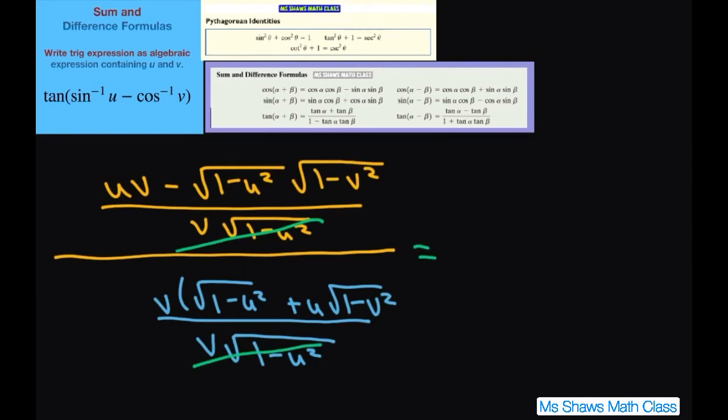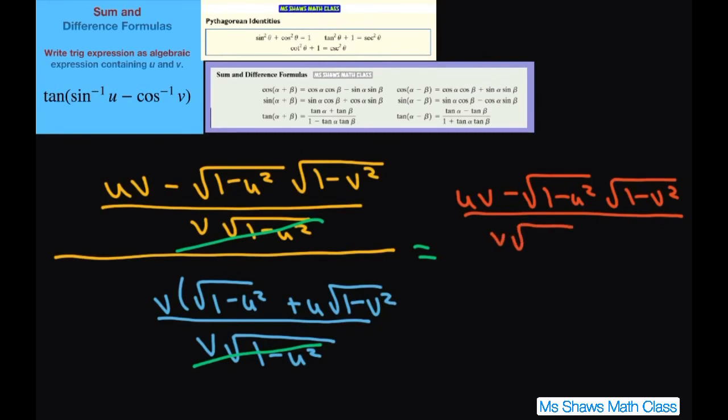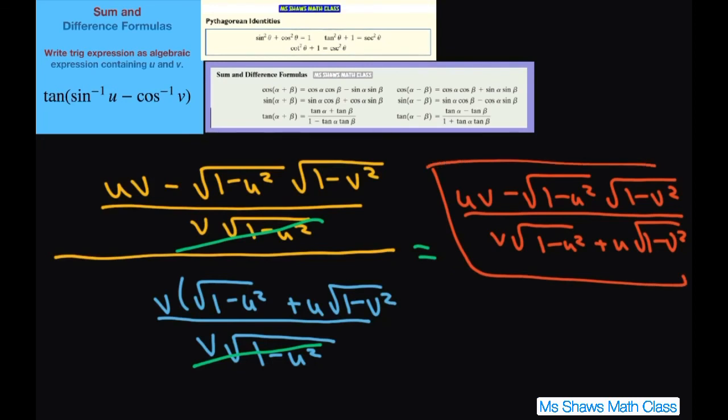So you're just left with uv minus the square root of 1 minus u squared times the square root of 1 minus v squared, divided by v times the square root of 1 minus u squared plus u times the square root of 1 minus v squared. And this would be your final answer.